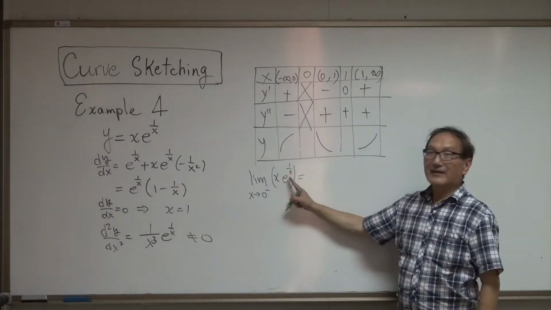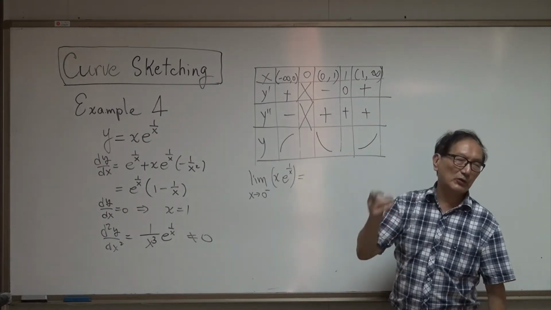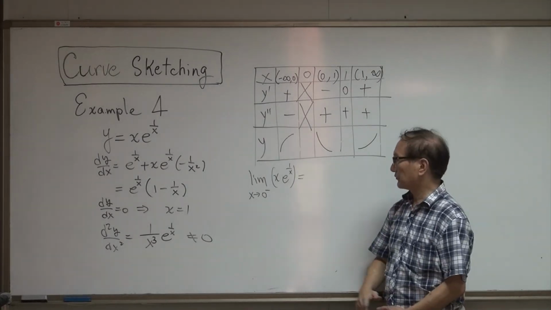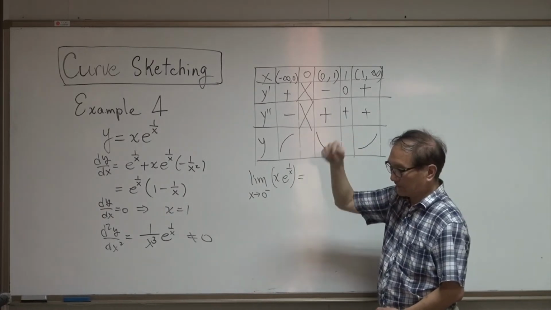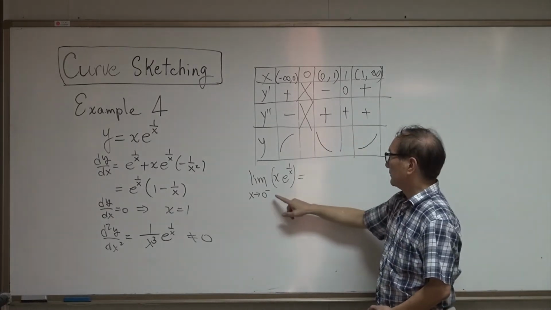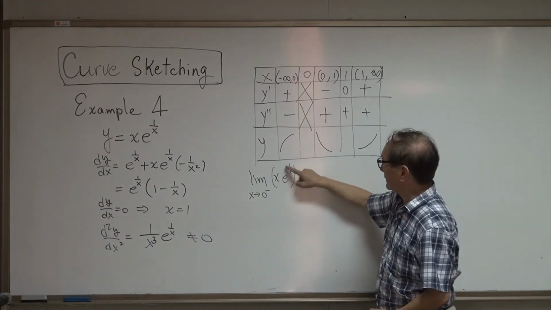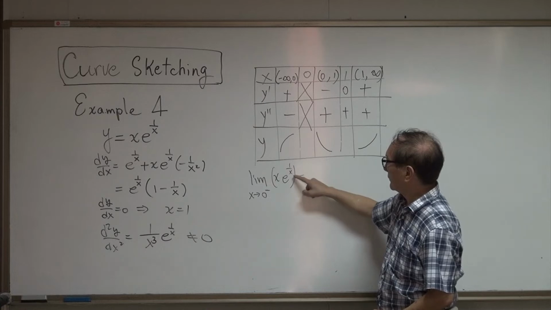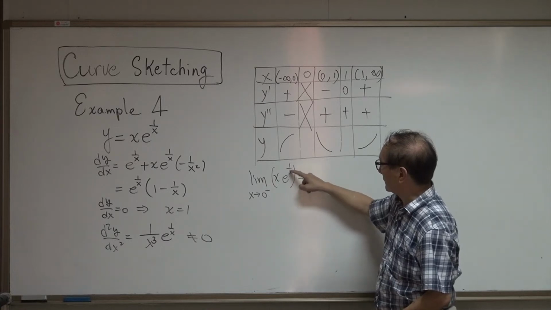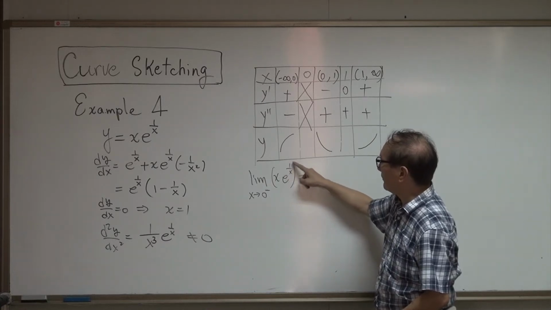Now, x is a very small negative number, say negative 0.00000001. Therefore, 1/x is a very big negative number.